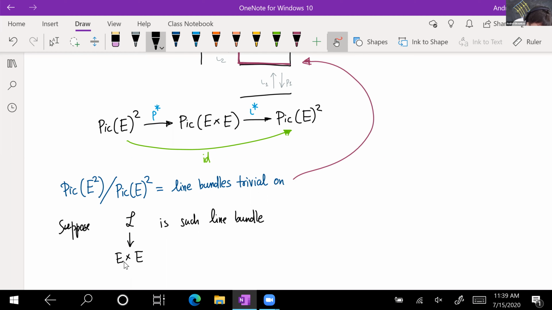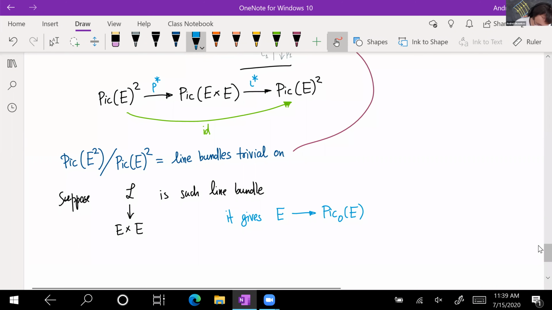This means I have a family of line bundles on E parameterized by E. So it gives a map from E to, in fact, Pic 0 of E, because the line bundle L is trivial on one factor, because L restricted to 0 cross E is trivial.